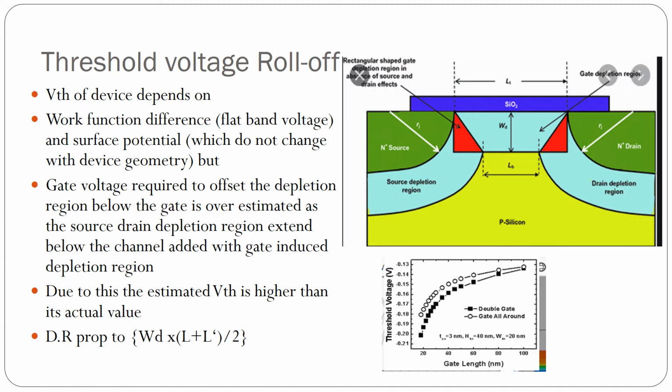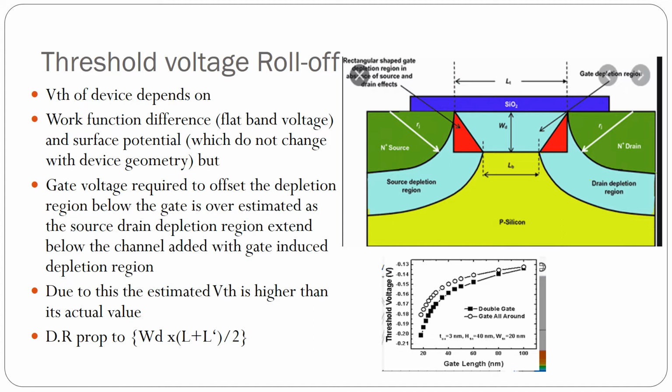Here, as the channel length is reduced, source and drain induced depletion region is also appearing below the gate. So the depletion region below the gate is due to two reasons. One is source and drain diode reverse bias, and another is because of the applied gate source voltage reverse biasing.